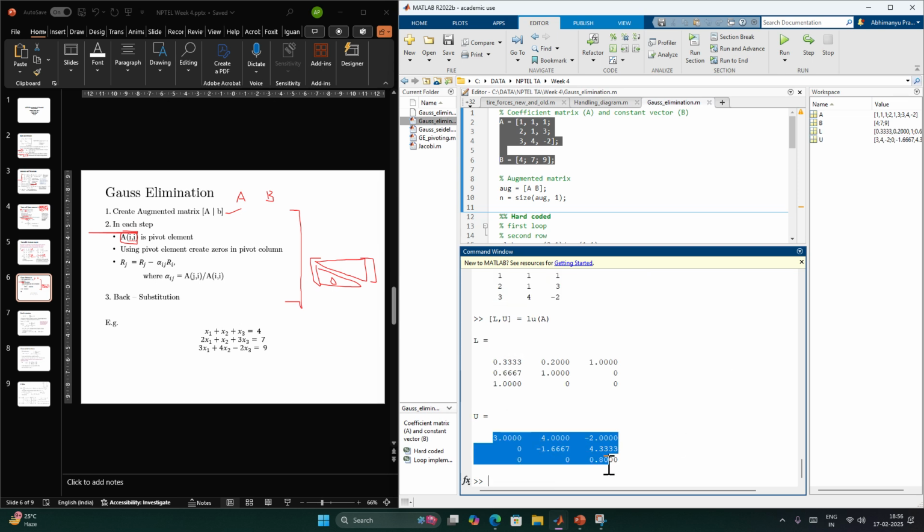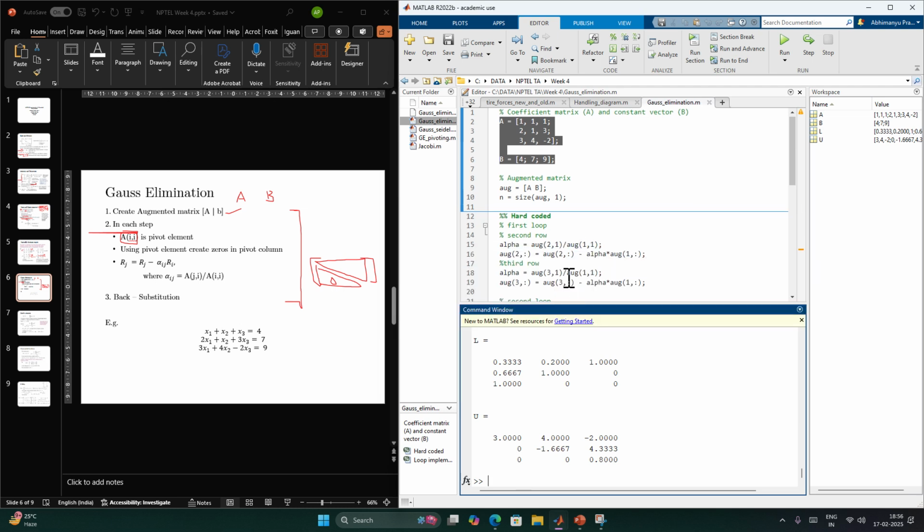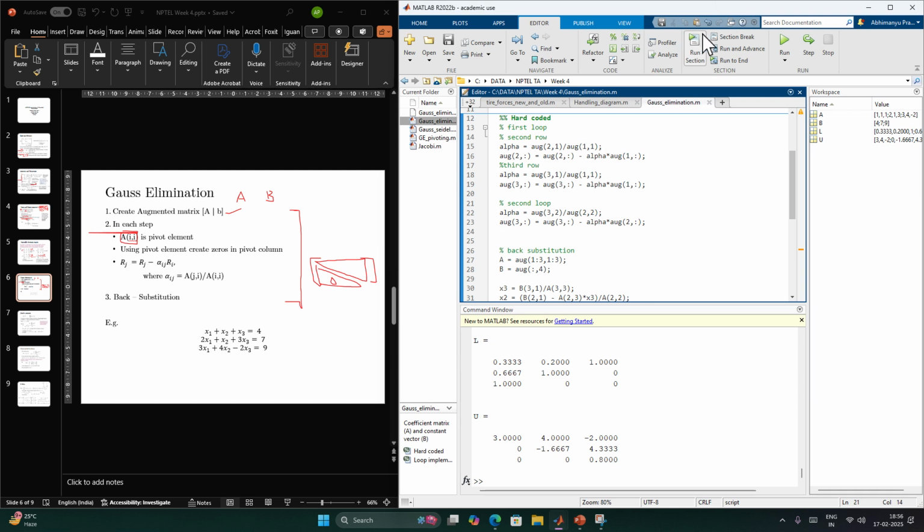So this is my upper triangular matrix. This is my lower diagonal matrix. If I do the Gauss, like the matrix that we are getting using Gauss elimination, run this part.